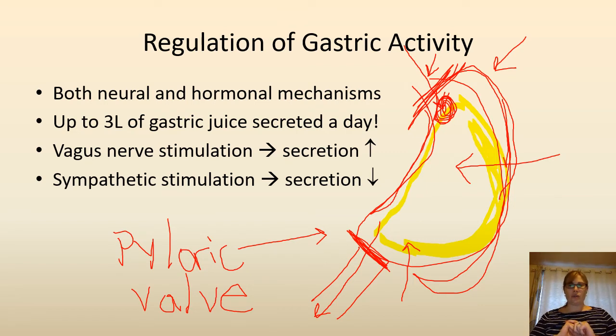When the vagus nerve, which is part of the parasympathetic stimulation, is stimulated, secretion of our juices increases because we're digesting. Sympathetic stimulation is going to lead to a cutting short of any digestion that's happening there, which is going to slow down secretion, slow down gastric juice creation, slow down motility.